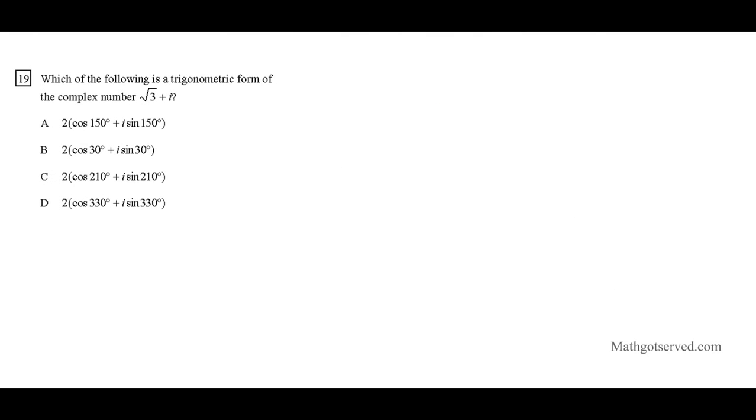Question 19 says, which of the following is a trigonometric form of the complex number square root of 3 plus i? We're going to change this complex number in a plus bi form to trigonometric or polar form.